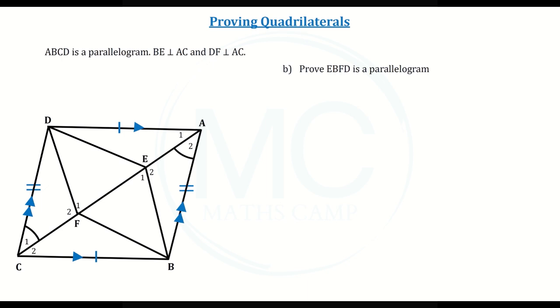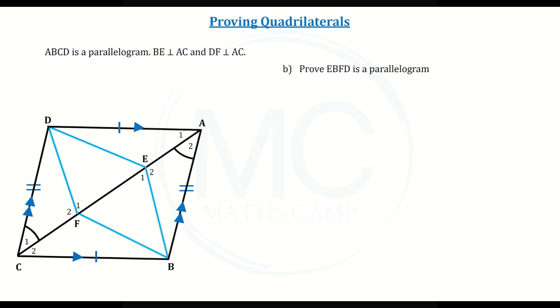Let's make EBFD blue. In part A, we proved that triangle FDC is congruent to triangle EBA. And we know that if two triangles are congruent, then their corresponding sides are equal in length. EB, a side of triangle EBA, lies on EBFD.